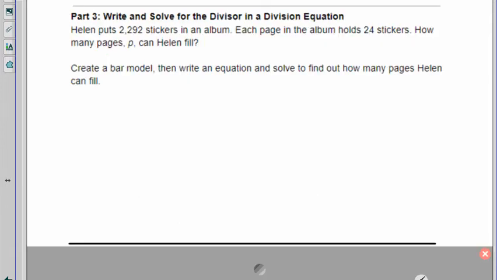All right, in this next part, we're going to solve for the divisor in a division equation. So Helen puts 2,292 stickers in an album. Each page holds 24 stickers. How many pages P can Helen fill? So defining my variable, P is the number of pages, hashtag. That hashtag symbol that you guys are so familiar with is the sign that means a number.